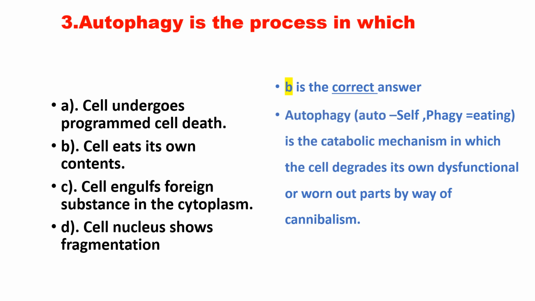The word is derived from auto meaning self and phagy meaning eating. It is the catabolic mechanism in which the cell degrades its own dysfunctional or worn out parts by way of cannibalism.